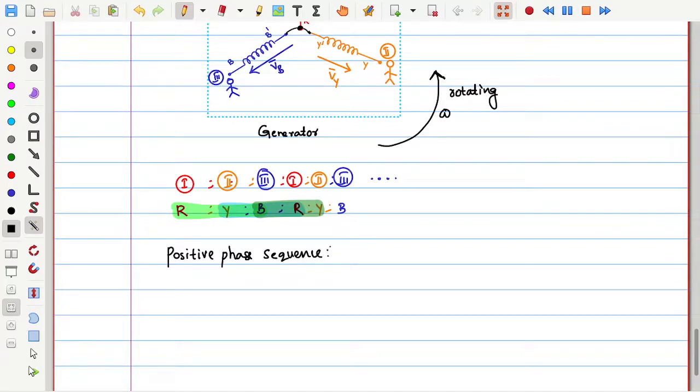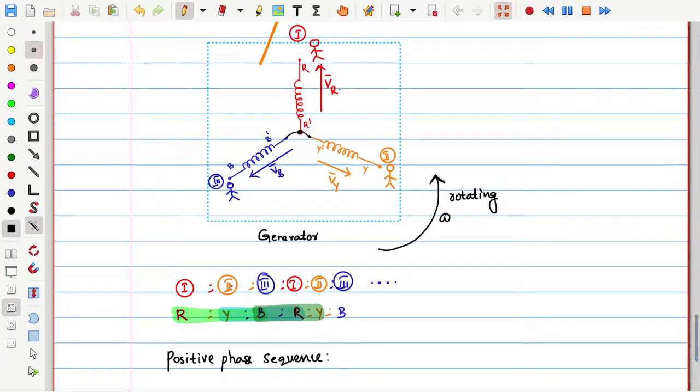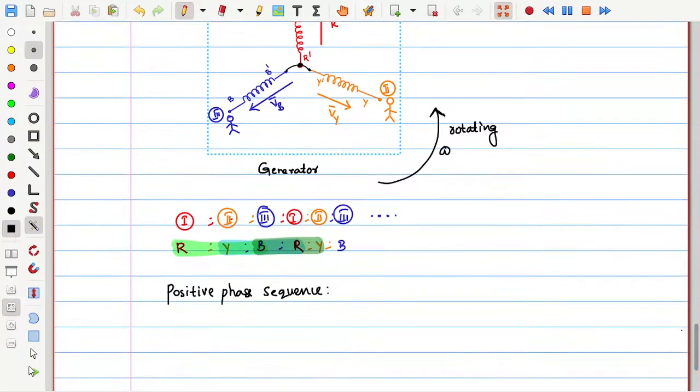What is positive phase sequence? When the generator is rotating in anti-clockwise direction, the sequence of the phases which comes one after the other is referred to as positive phase sequence, which can be named simply RYB or YBR or BRY.